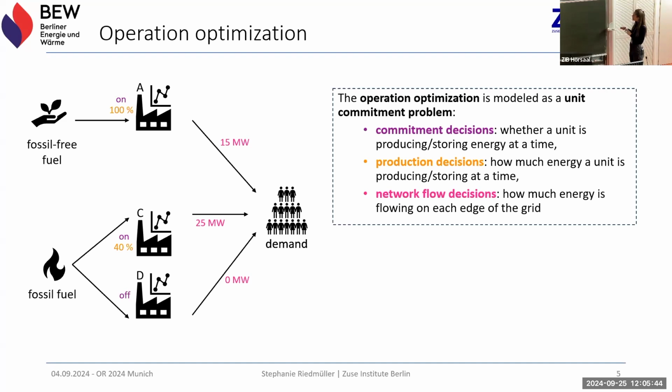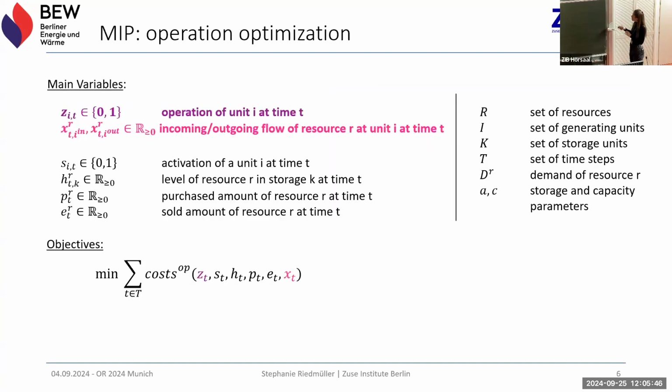Yeah, and now you can put this in a mixed integer program. I marked here that there are several variables you can consider. I marked the ones that I want to talk about. The first one is this operation variable, which is a binary variable and models if the unit is operated at a specific time.